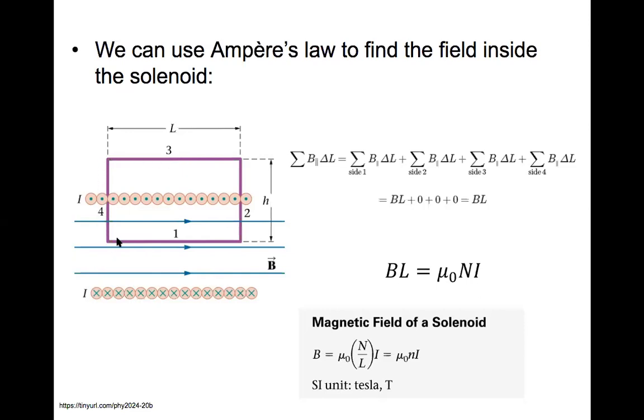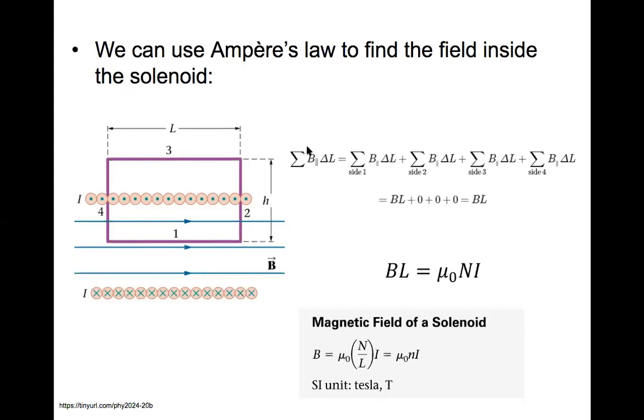Inside the solenoid is where we are interested in the magnetic field. Here, the B field is parallel to the path of the loop, so you'll be doing B times the length of this side, which we call L. This is side one.